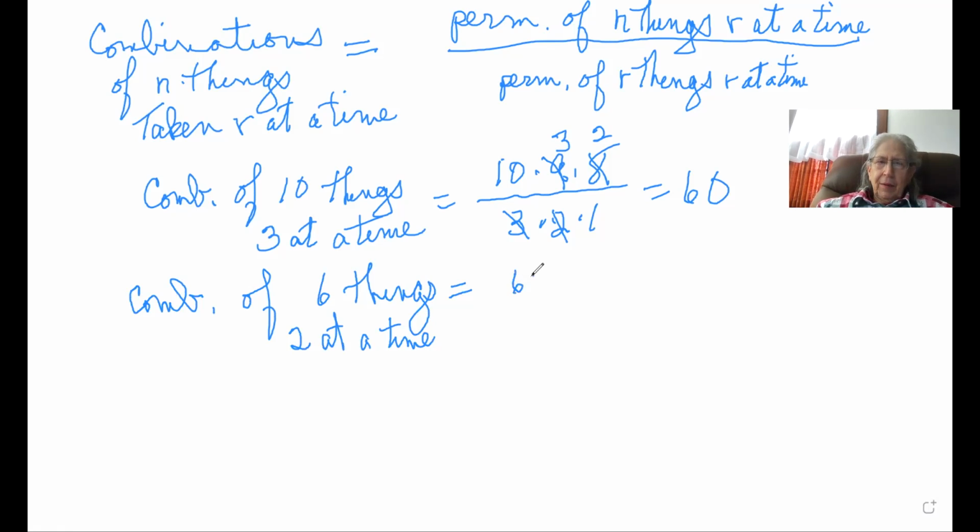That's 6 times 5. And then we have to take those 2 things and see how many ways there are to arrange them. There's this way to arrange them and there's that way to arrange them. 2 times 1. So we have 30 over 2, which is 15.